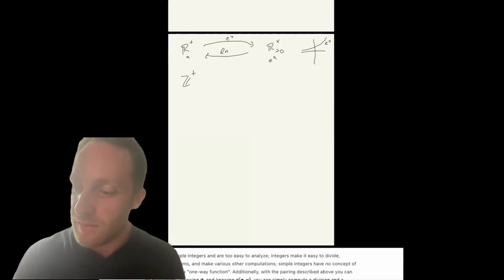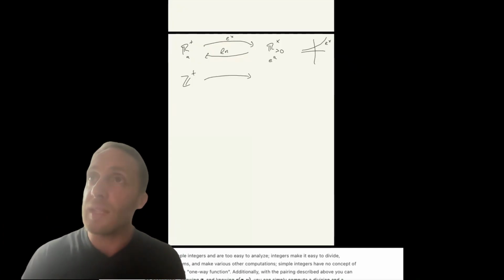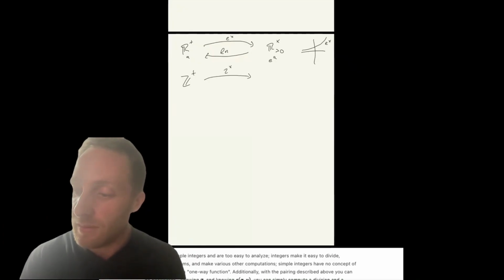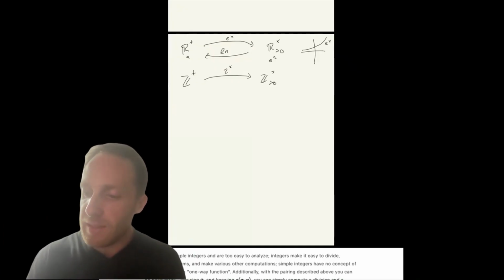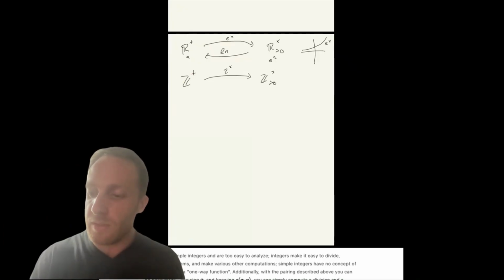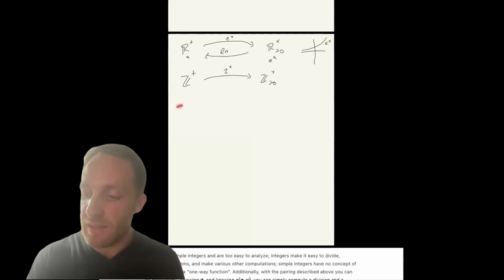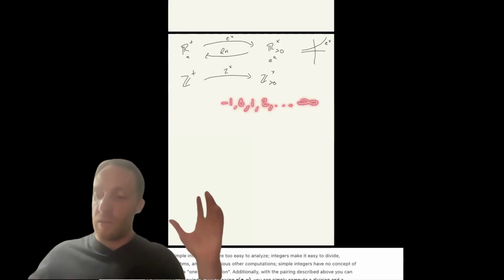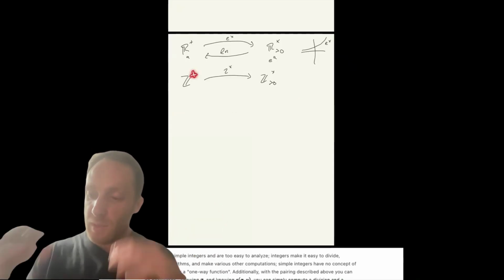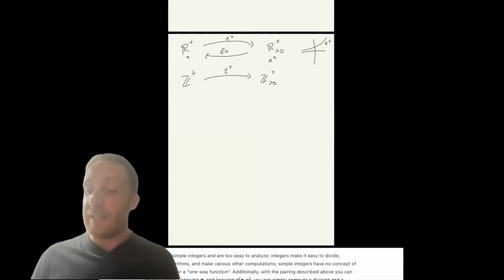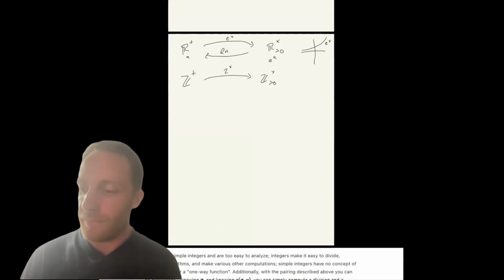So let's first take the mapping 2 to the x that goes to Z. Here Z is the group of integers: minus infinity, minus n, minus 1, 0, 1, 2, up to infinity. The plus here means we only look at the additive structure, not the field.